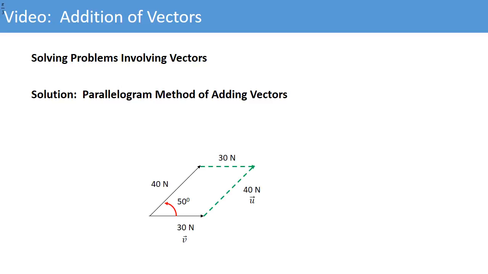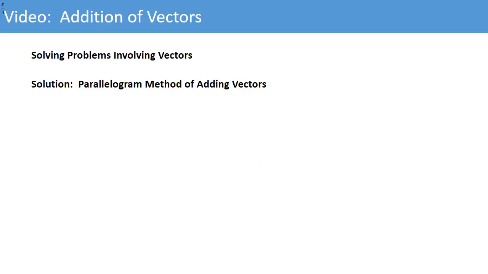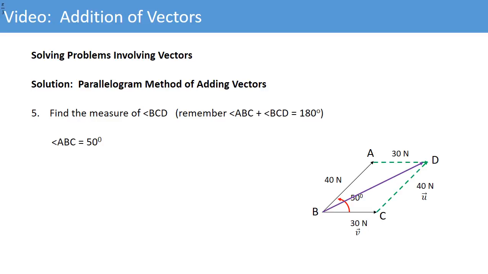To make it easy for us, we're going to give the vertices labels A, B, C, and D. We know that angle ABC is 50 degrees.